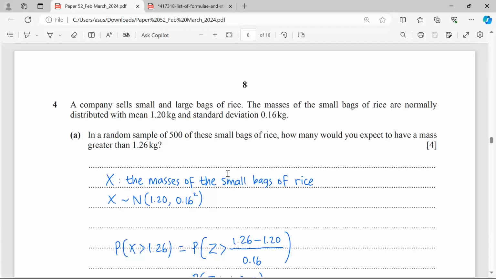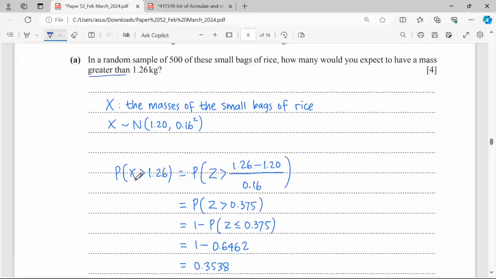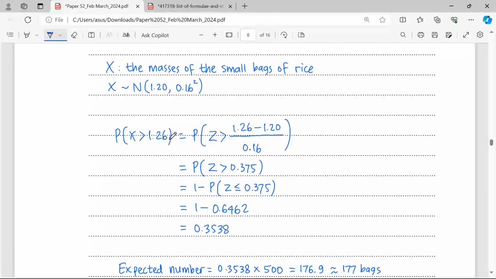From the question, we know that x has a normal distribution with mean 1.20 and variance 0.16 squared. Remember, variance is standard deviation squared. Now we would like to find the probability that the mass is greater than 1.26, so the sign is greater than: probability x is greater than 1.26.